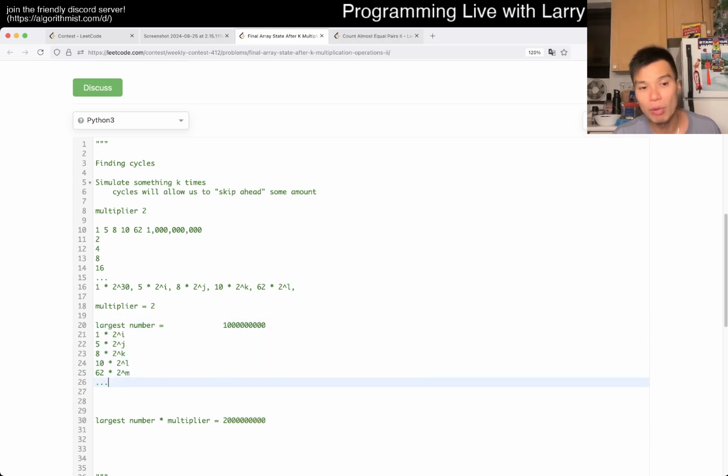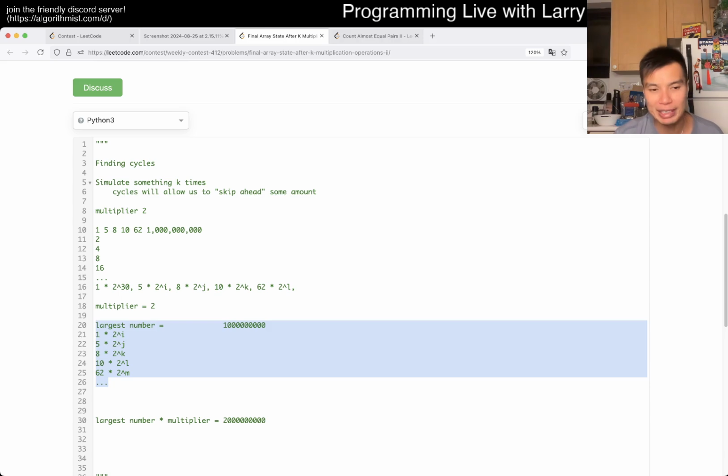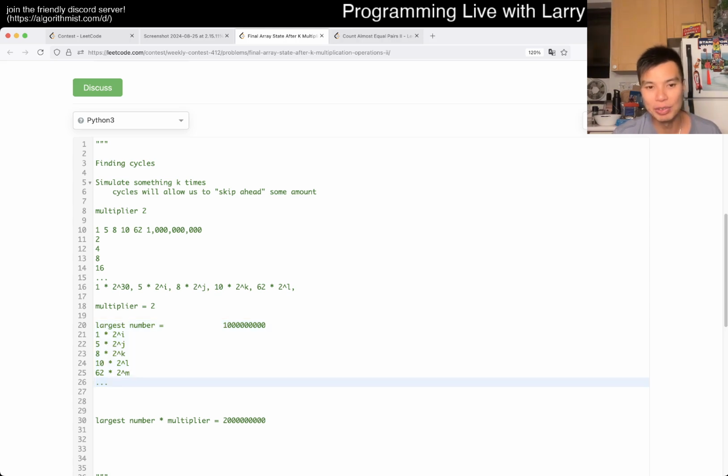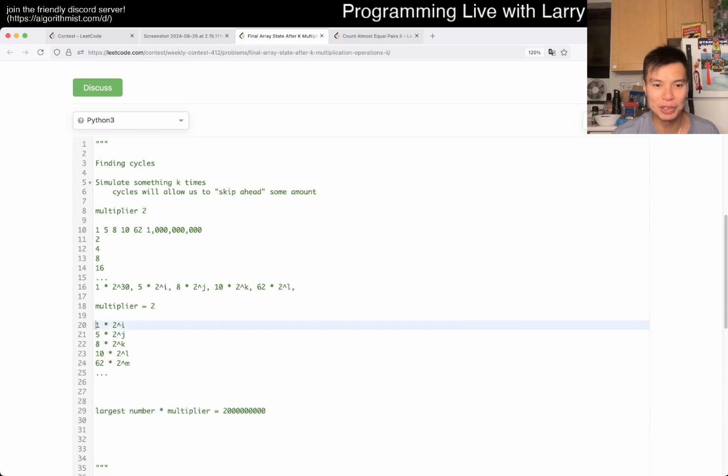So what does that mean? That means that when you do the simulation, it will always do it in this order. Let's say you do one operation, then it becomes here, now it becomes 2 billion.